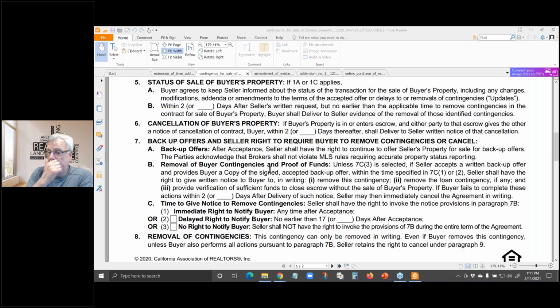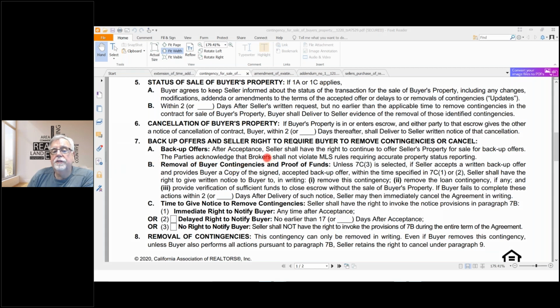And it has, it's usually 72 hours, I'll show it to you. We'll see. Backup offers after acceptance: seller has the right to continue to offer seller's property for sale for backup offers. The parties acknowledge the broker shall not violate MLS rules requiring active property status reporting.